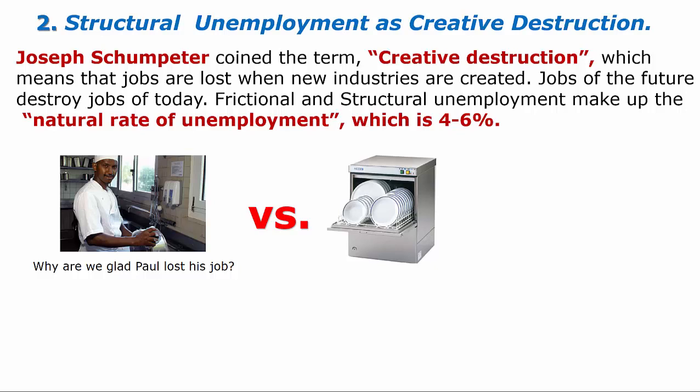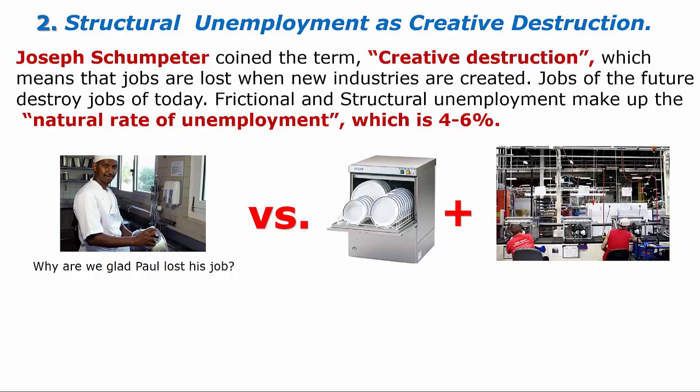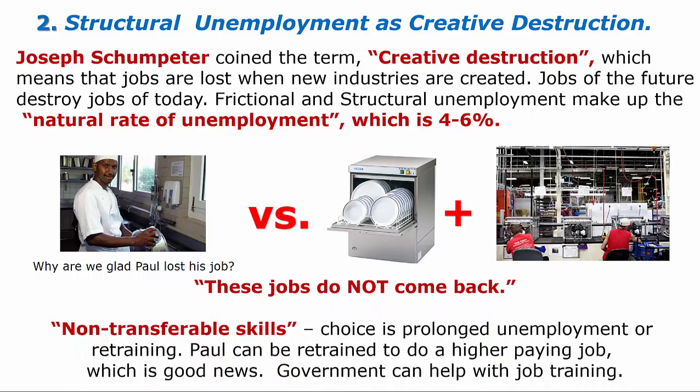So if we use our resources correctly and efficiently, we're going to retrain Paul so that Paul can work in a factory or some other job that is more in demand. And so that's why creative destruction is actually a good thing. And so this structural unemployment is a good thing as well. Now, these jobs do not come back.